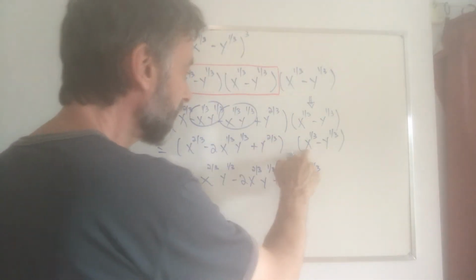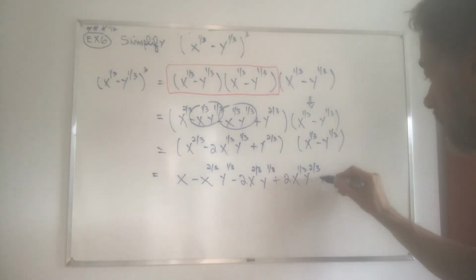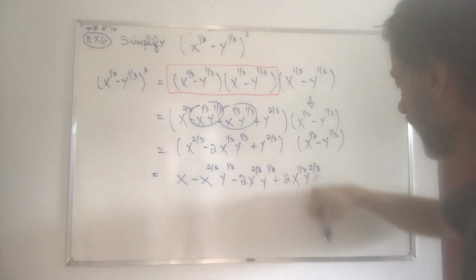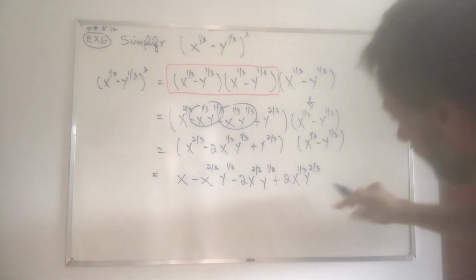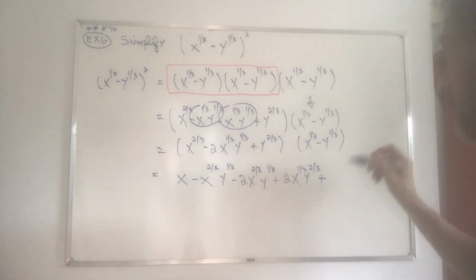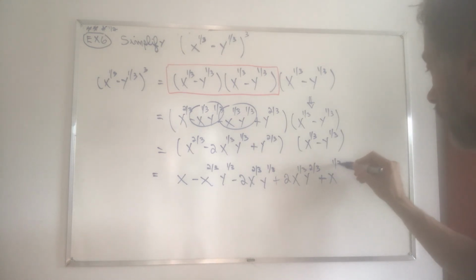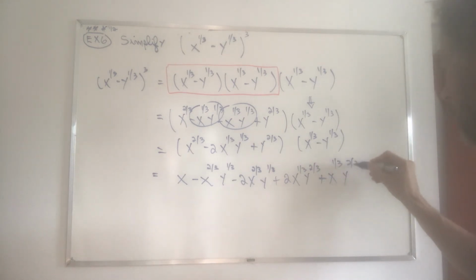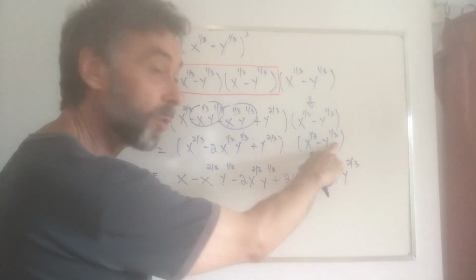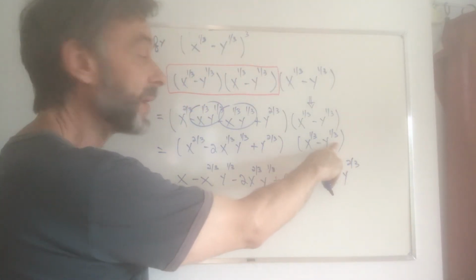Y to the 2/3 times x to the 1/3. They're not the same base, so I can't do much. So I'll just erase that smudge. And I'll just say plus x to the 1/3, y to the 2/3. And my very last term is y to the 2/3 times y to the 1/3. 2/3 plus 1/3 is 3/3 is 1, and a minus is minus y.